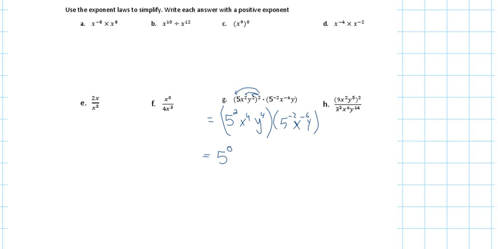Now, I have x to the power of 4 and then x to the power of negative 6. Add the exponents, what does that give you? Negative 2, yes? So that's x to the power of negative 2. And then I have 4 plus 1, so that is y to the power of 5. Is there anything else that I can do with this answer? Can I still simplify?